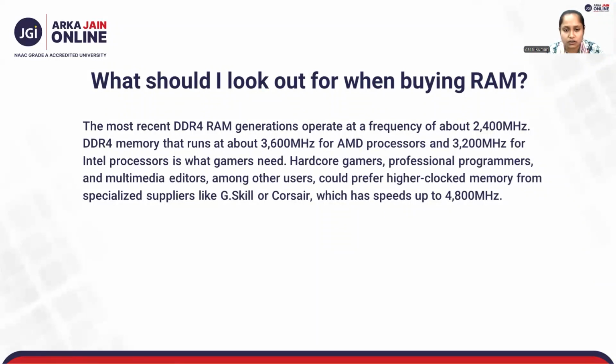Aside from clock rate, latency, the interval of time between entering and executing a command in memory, is another important factor to consider when purchasing RAM. The performance increases with decreasing latency. You will require memory running at or above 4000 MHz and with a column address strobe latency of 15 to 18 or less for high-level performance.